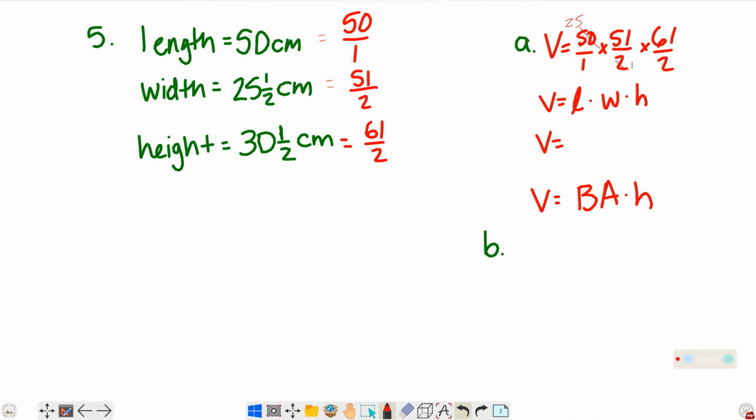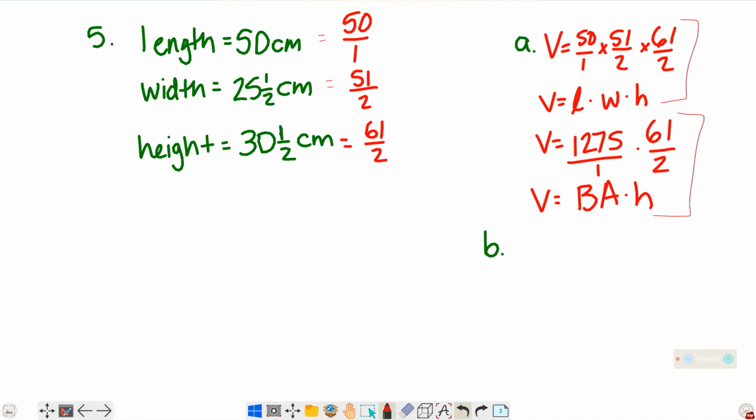And 25 times 51 is 1,275 over 1 times 61 over 2. So these two go together and these two go together.